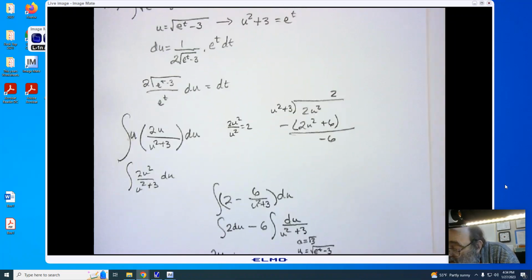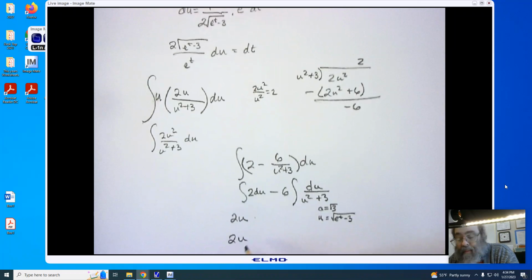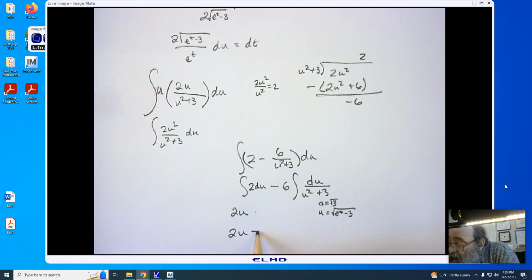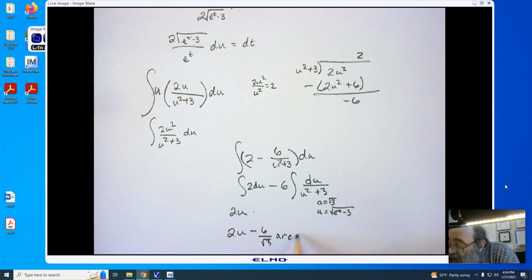We're now going to put this together. So I have 2u. I'm looking at minus 6 over root 3, arc tangent of the square root of e to the t minus 3 over root 3 plus c.